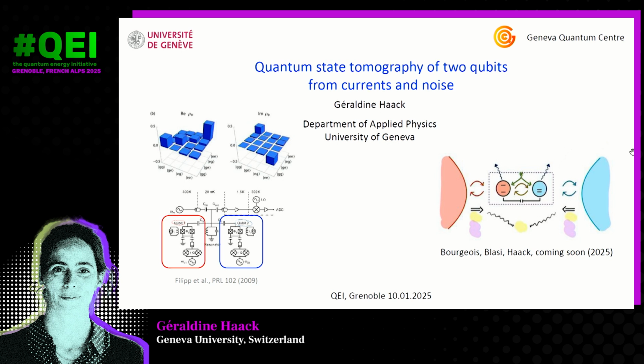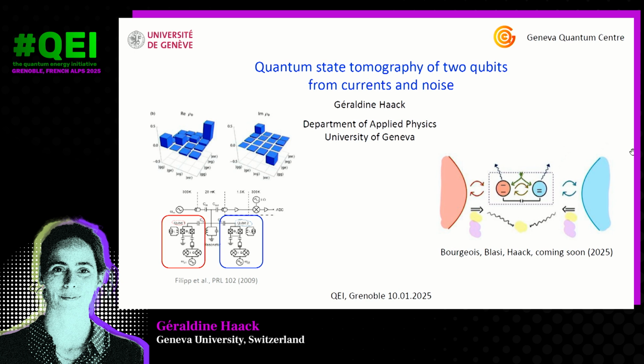It was, okay, with superconducting qubits, one of the first 2-qubit tomography. Here, and I will explain it more later in the talk, this is the reconstruction of the density matrix, and this is a setup with the 2 qubits, qubit 1, qubit 2. To do this, as I will explain, they need to perform projective measurements onto their 2-qubit system.